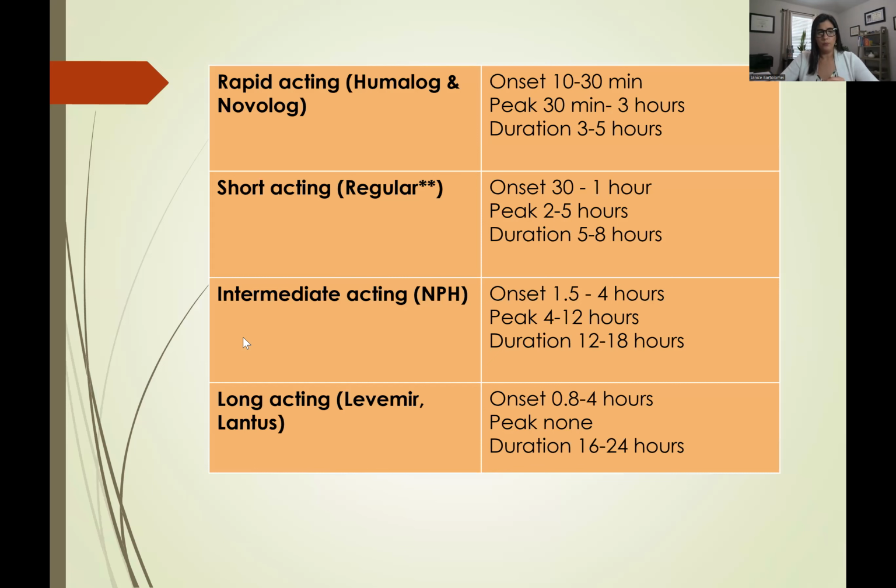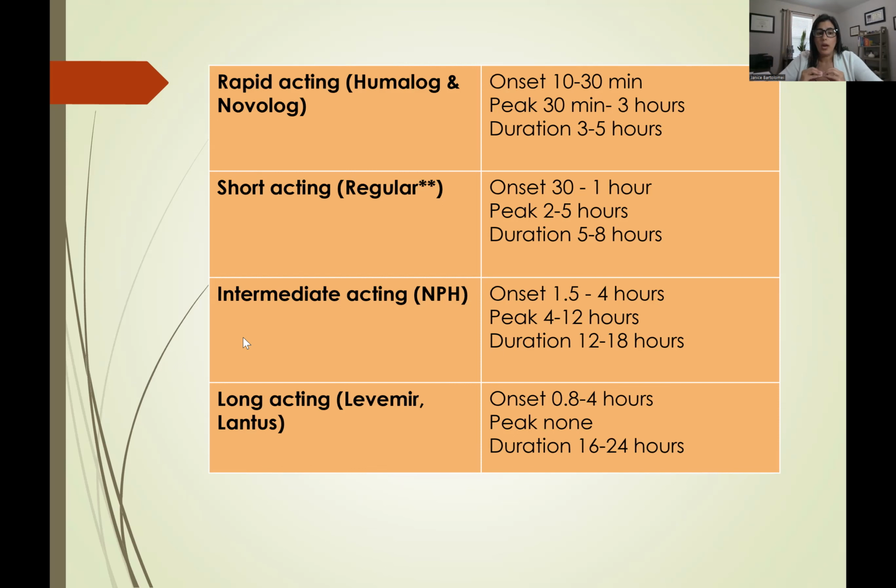For your rapid insulin, you have Humalog or Novolog. Think about rapid, it acts really quickly. The onset is 10 to 30 minutes. It reaches its peak at 30 minutes to 3 hours, and it lasts 3 to 5 hours.